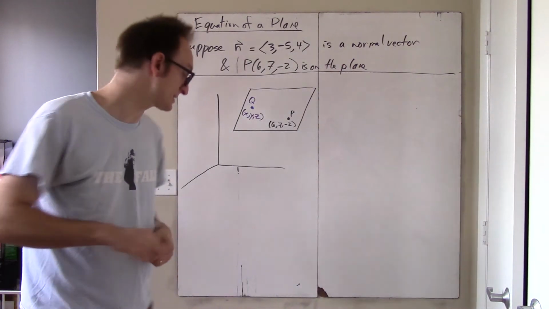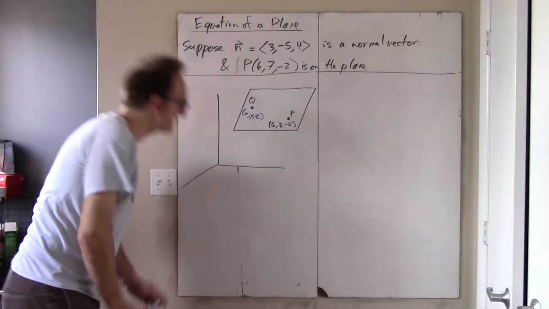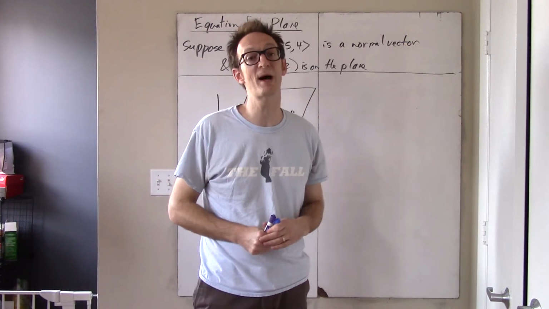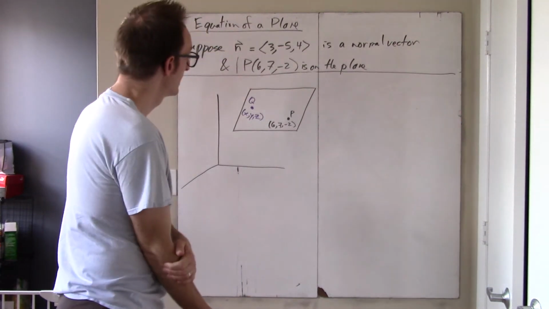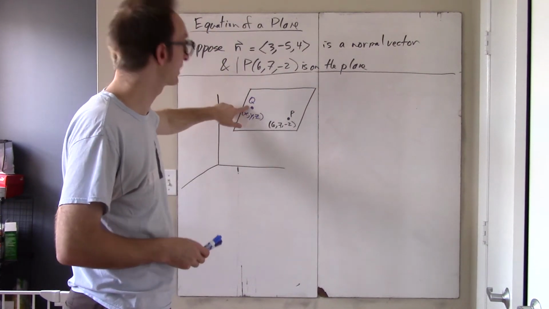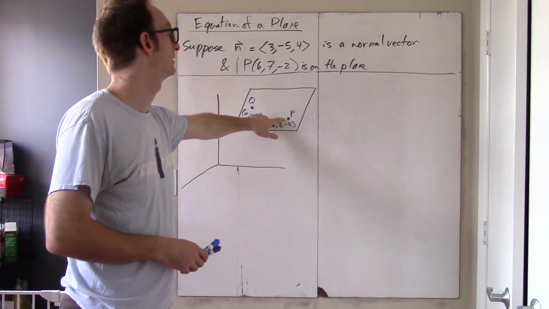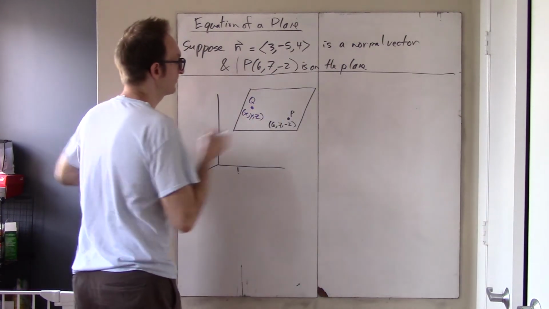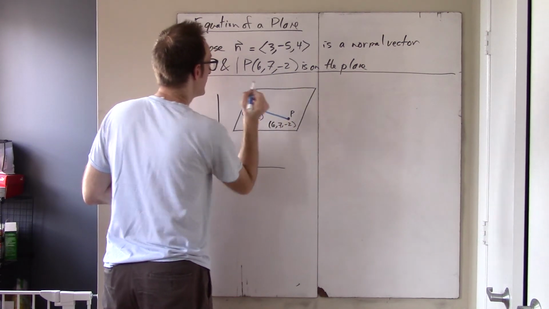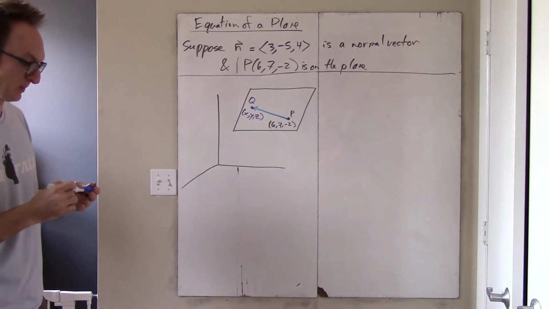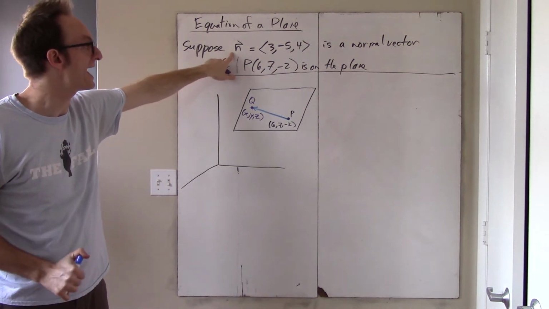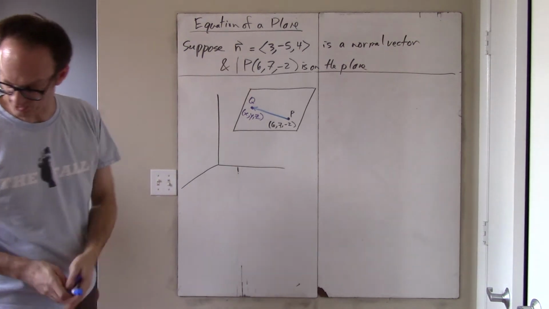Alright, when I did this live on Thursday, I asked the class, and I got some good answers: what is true about this point Q? Well, it's in the plane, but P is also in the plane. And so if P and Q are both in the plane, then so is the entire vector PQ. Now I reach for the other piece of information that I had, which is the normal vector.